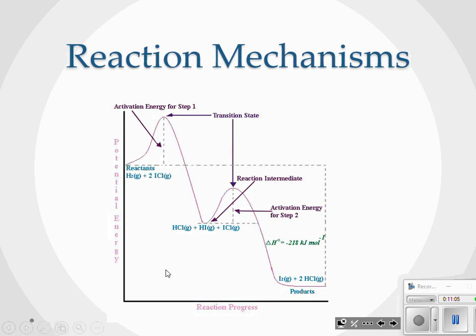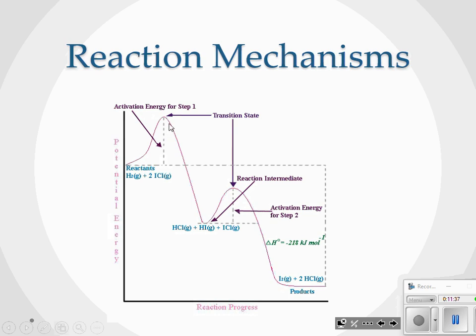As I look at this reaction mechanism, you can see that I have 2 different transition states, don't I? I have 2 amounts of activation energy. So this reaction mechanism is 2 different reactions, and we call those elementary reactions.